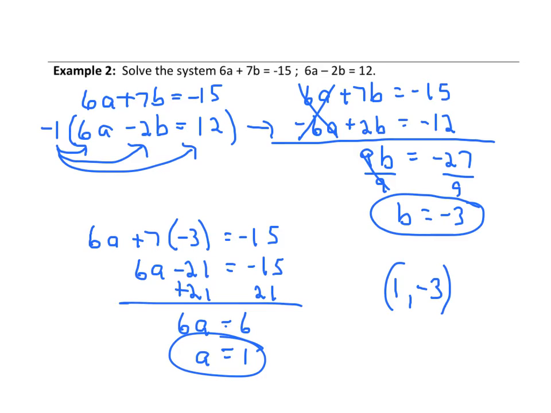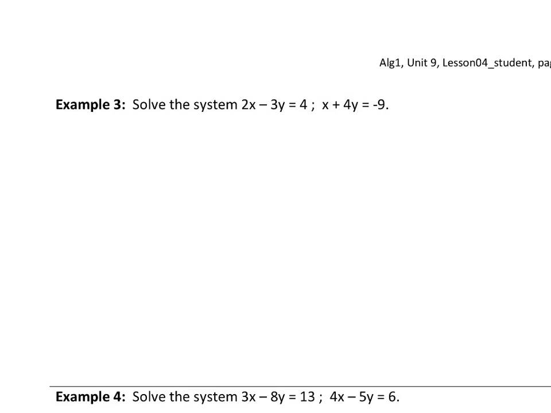All right, we have two more examples. They get a little more complicated, so let's look at them. Okay, so next we have two equations. The first thing you want to do is line them up. So 2x minus 3y is equal to 4. And then we have x plus 4y is equal to negative 9.